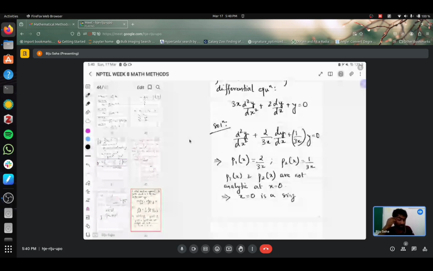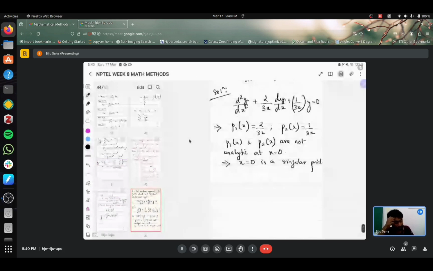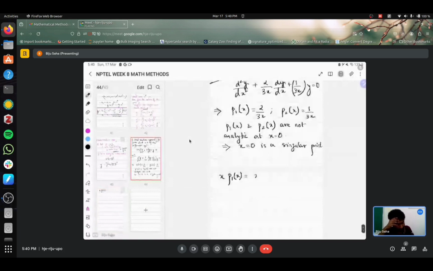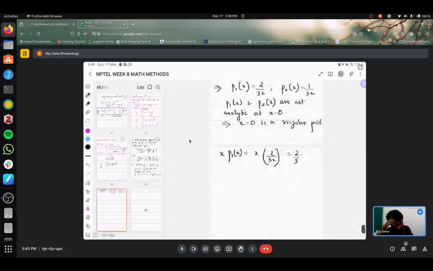Now let me check whether it is a regular singular point or not. For that, let me first check x into P1(x). This x into P1(x) is analytic. Now x square into P2(x). That is also analytic.